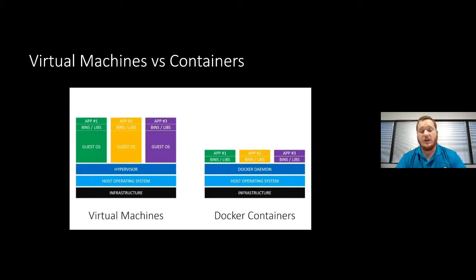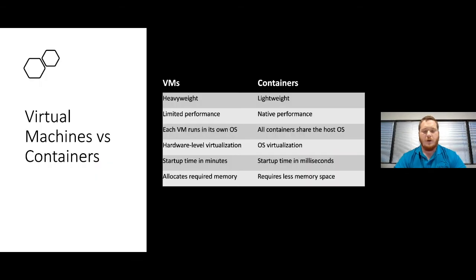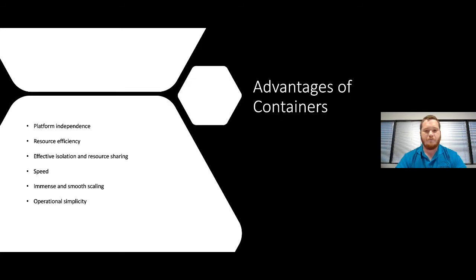When it gets to containers, we don't have to install that guest operating system, which makes it a lot more lightweight. Over here is just another comparison. I'm not going to go through every point, but the takeaway is that containers are much more lightweight, easier to use, use less memory, and are much faster than virtual machines.